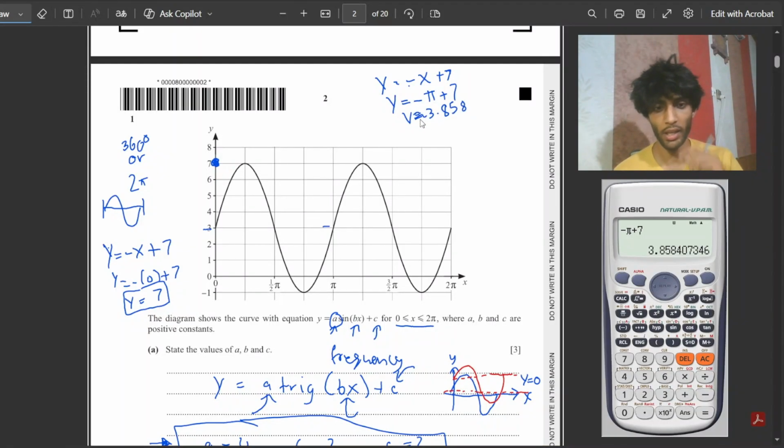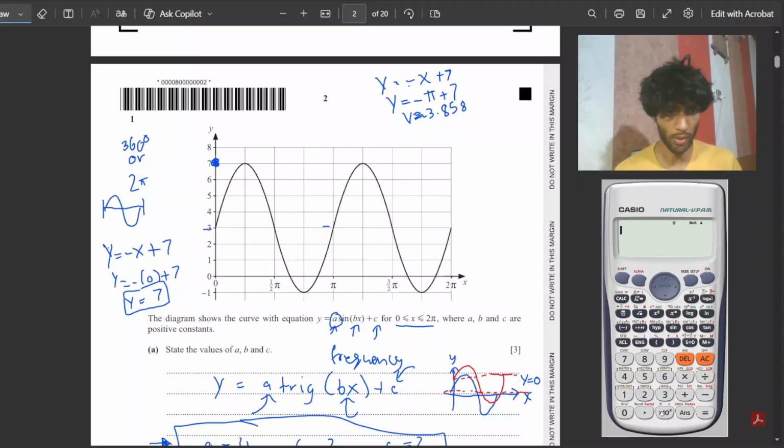So where can I get 3.858? Let's try and figure that out. What is pi, right? Pi is 3.142. So what is 3 divided by 2 times pi? This equals 4.71.